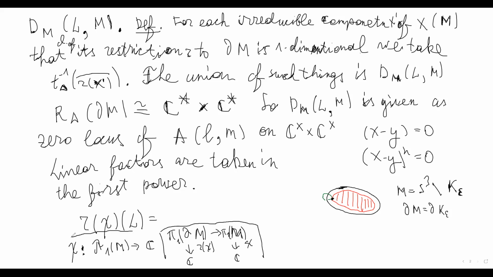So when we take the value of the restriction on some element of the fundamental group of the boundary, we map it into the fundamental group of M, and then we take its character. We have L in pi 1 of the boundary. To what element is it mapped in pi 1 of M? It is mapped to the identity, yes? If someone follows me.